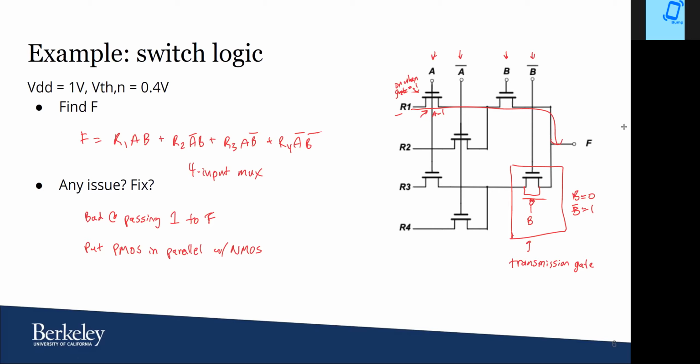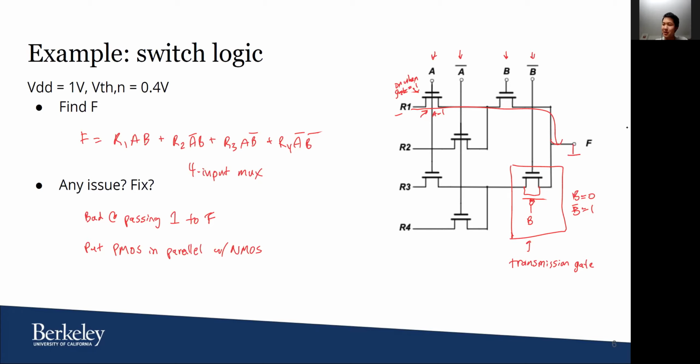Maybe I'm getting a little ahead, but are there power differences between using switch logic versus connecting everything to the rails and having CMOS logic? Absolutely. Let's put it this way. What is the thing that would drive current?